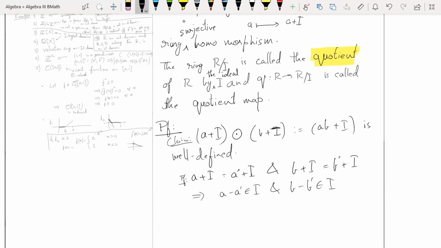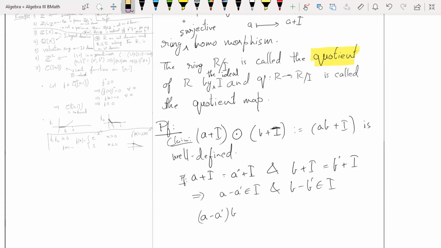So now that tells you that A minus A prime times B belongs to I, or maybe I'll do it in one step rather than too many steps.